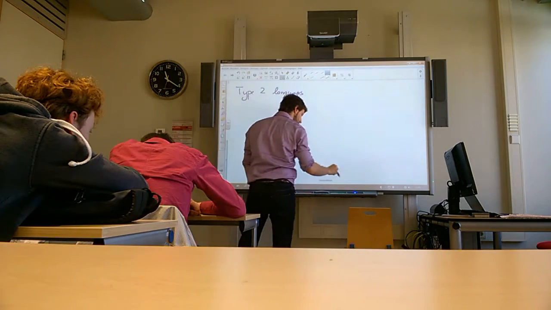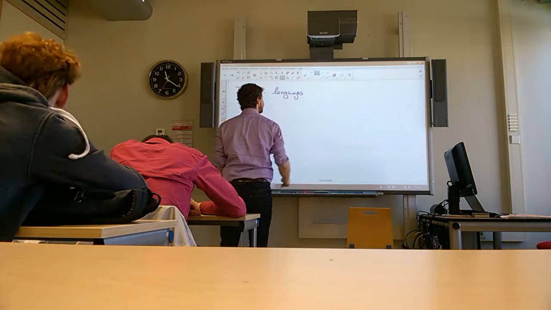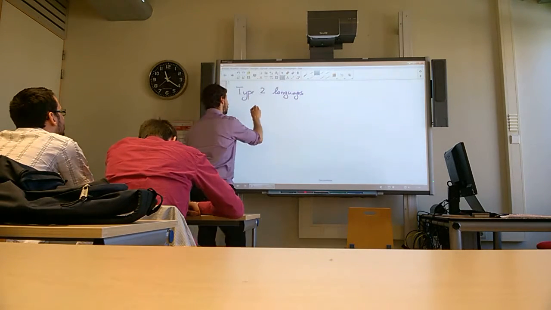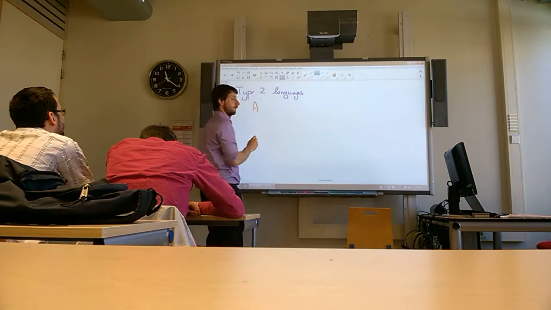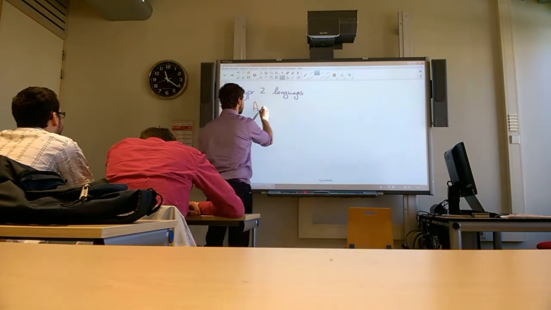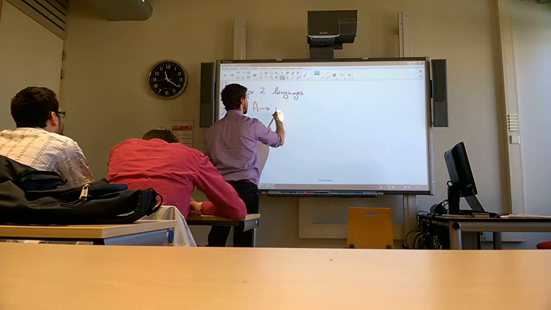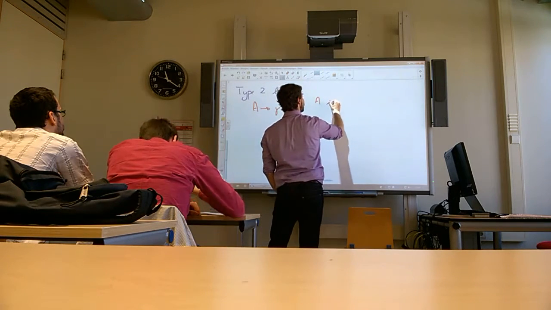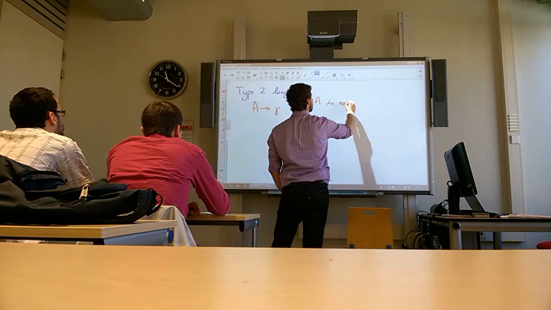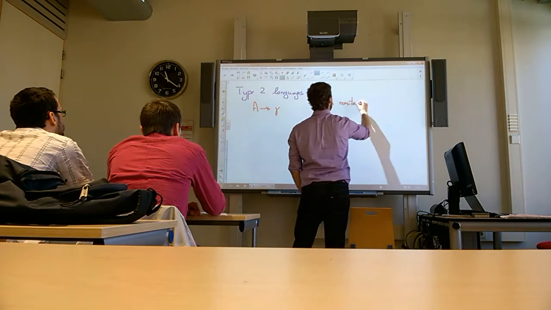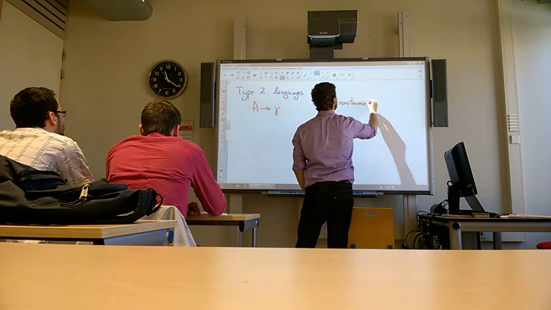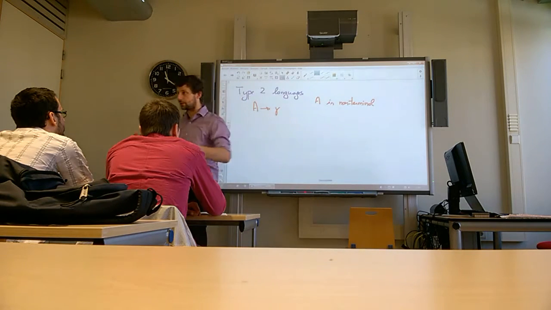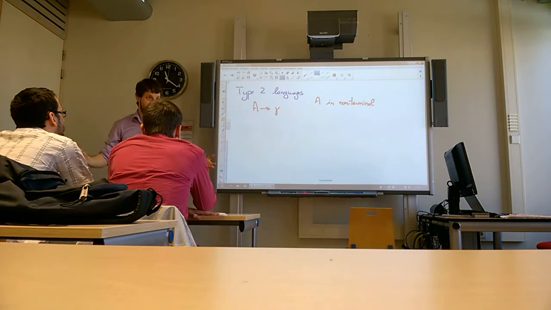They are quite a bit more powerful in the sense that they support rules of the type A goes into gamma, where A is a non-terminal. What are non-terminals? States. All the states we support. So all the things that can be further expanded.